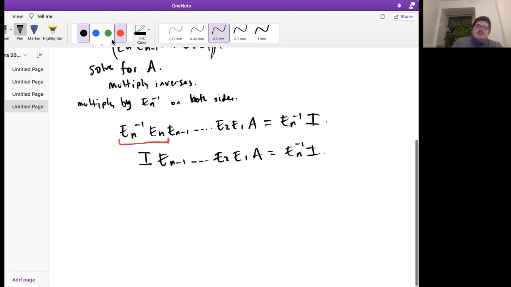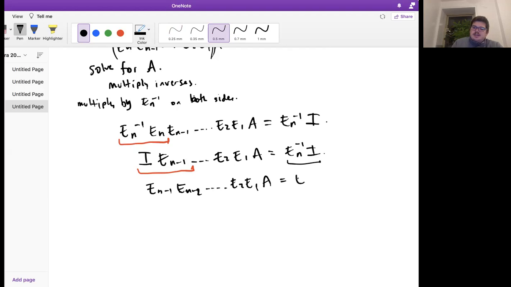What's I times En minus 1? Yep, by the nature of the identity matrix, it's the matrix where when you multiply, it doesn't change. And so that means that this is En inverse.